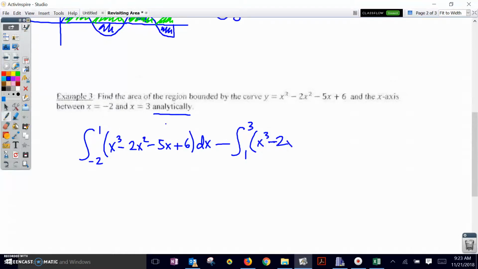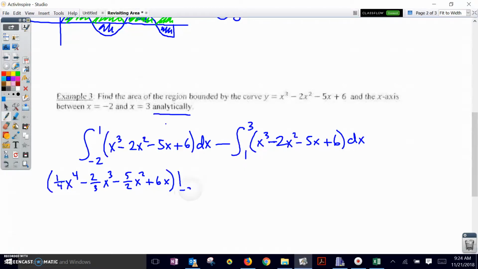Now actually finding this analytically won't be too terrible for us, because we get the same antiderivative since we're using the same integrand. So we go ahead and find the antiderivative. It's going to be 1/4 x to the 4th, minus 2/3 x to the 3rd, minus 5/2 x squared plus 6x, which we're going to evaluate from negative 2 to 1.